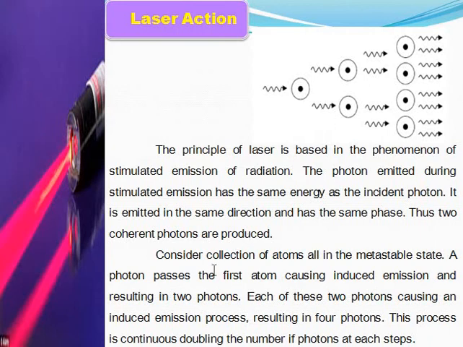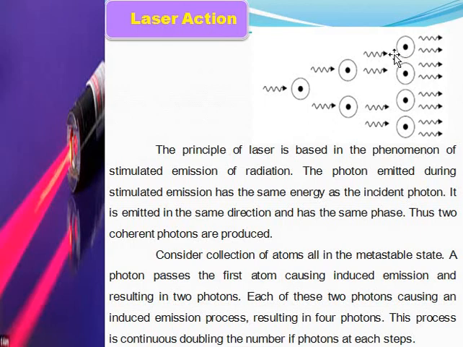Consider a collection of atoms all in the metastable state. A photon passes the first atom causing induced emission, resulting in two photons. Each of these two photons causes an induced emission, resulting in 4 photons. These 4 photons again cause induced emission, producing 8 photons.